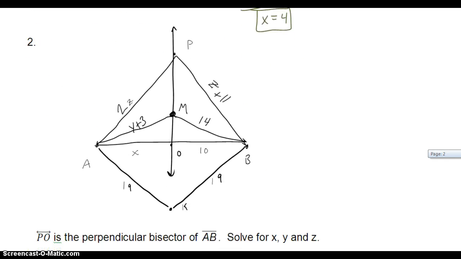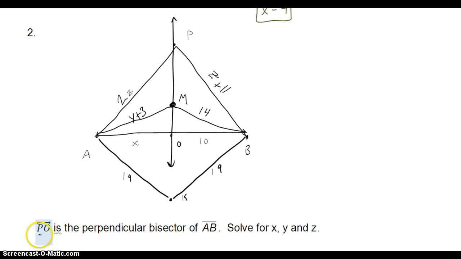The second example. Line PO is the perpendicular bisector of segment AB. So I know some things are true in this picture. By the definition of a perpendicular bisector, I know that I have perpendicular segments.